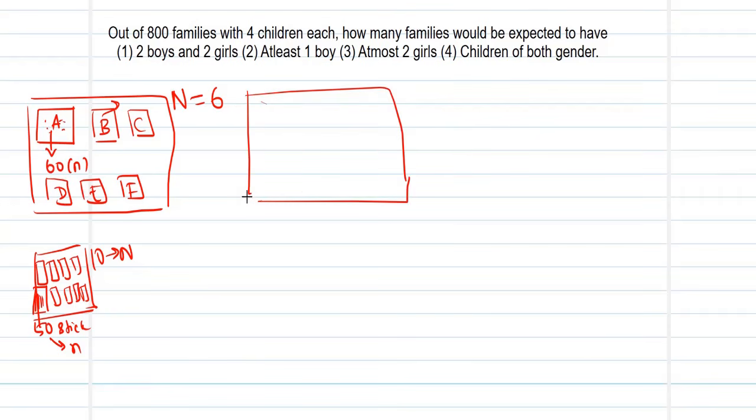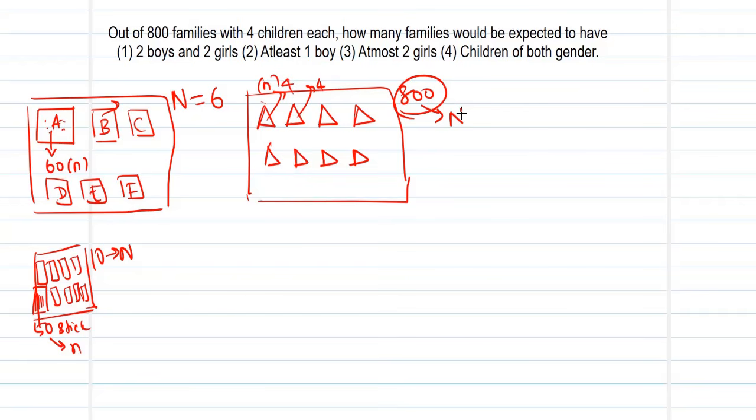Out of this village you have 800 families, and in each of these houses you have 4 children each. So each family consists of 4 kids, and there are totally 800 such families. Now this 800 becomes your capital N and your small n is equal to 4.